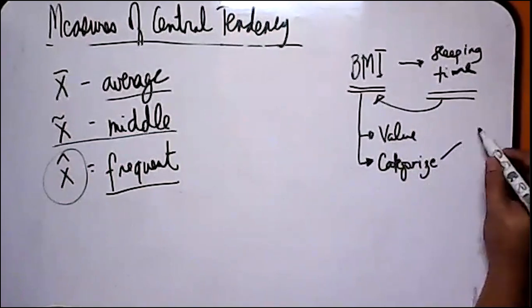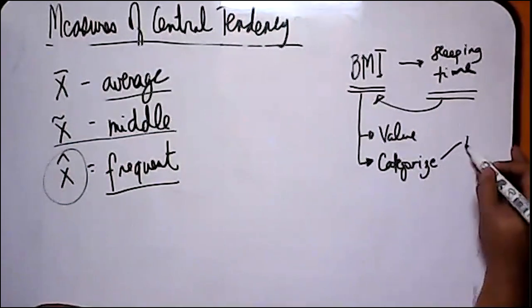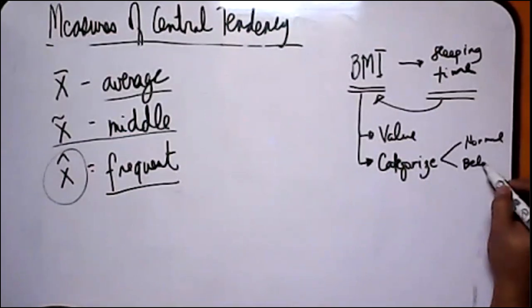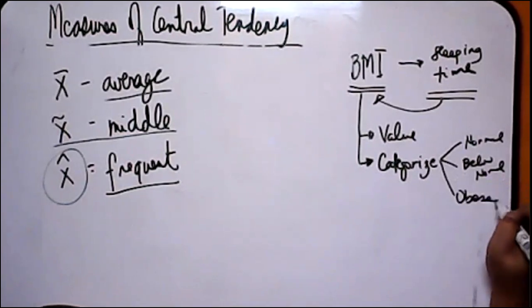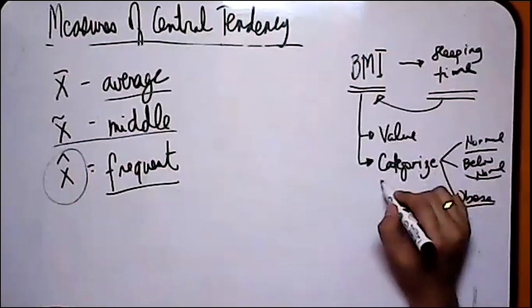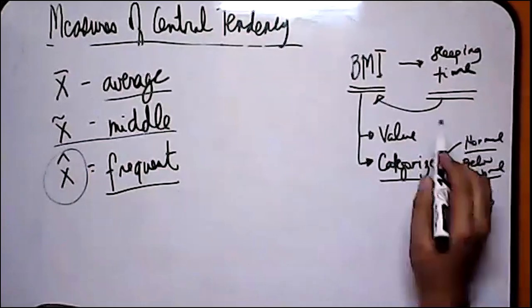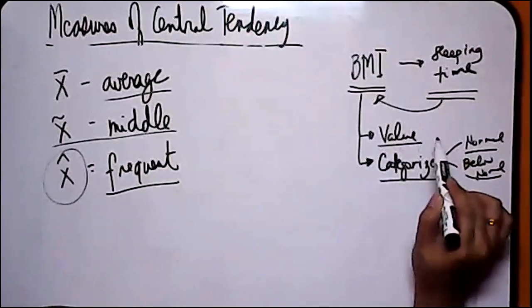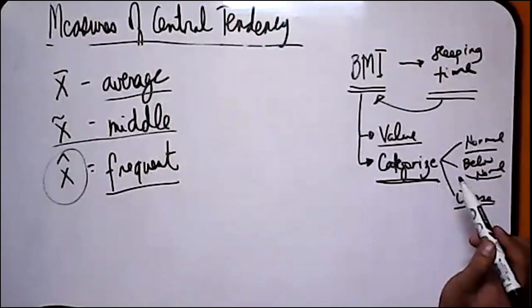Meron siyang categories like normal, below normal, at meron yung obese. I don't know kung anong categories pinag-aaralan nyo yan, so dapat alam nyo. So, hypothetically, categorize lang, categories. So, ang BMI, you can describe it through a value, yung computation nyo, at yung category ng BMI.